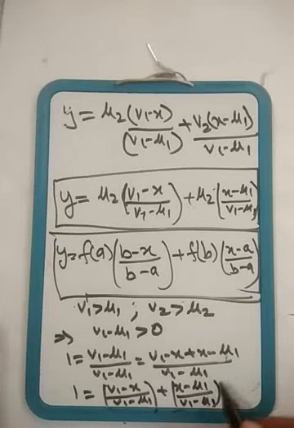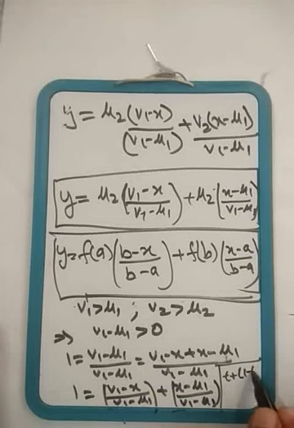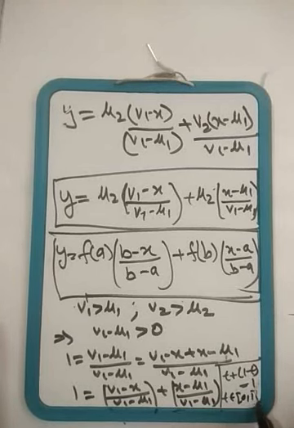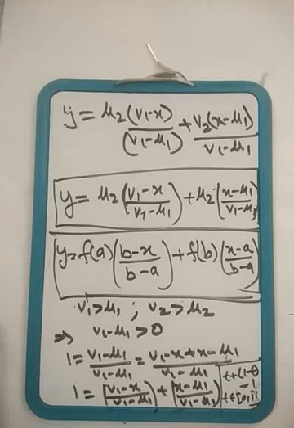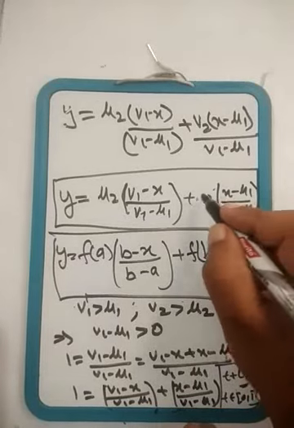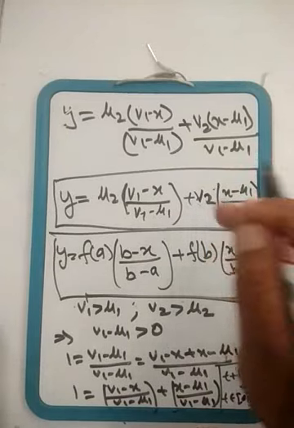So it is of the form t plus (1 minus t), which is equal to 1, t belonging to the closed interval 0, 1. Here it should be v2, sorry. This is v2 here.